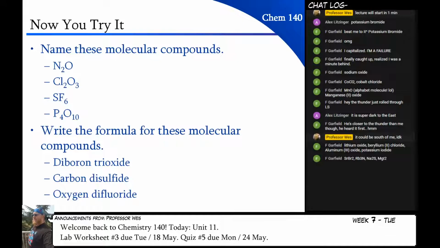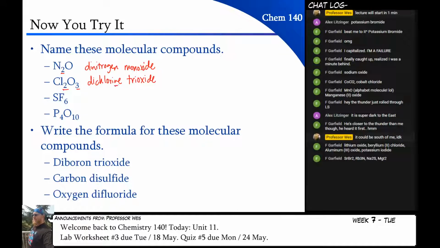All right, let's go over the answers to these. So I have 2 nitrogens here, so this would be dinitrogen. And then 1 oxygen, so monoxide. For this one, I have 2 chlorines, so dichlorine. And then 3 oxygens, so trioxide.